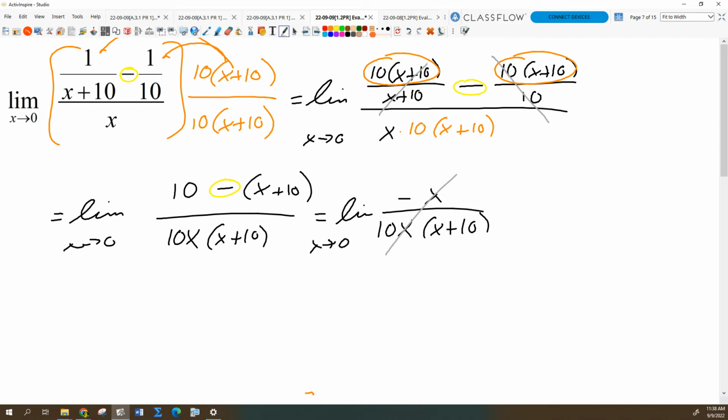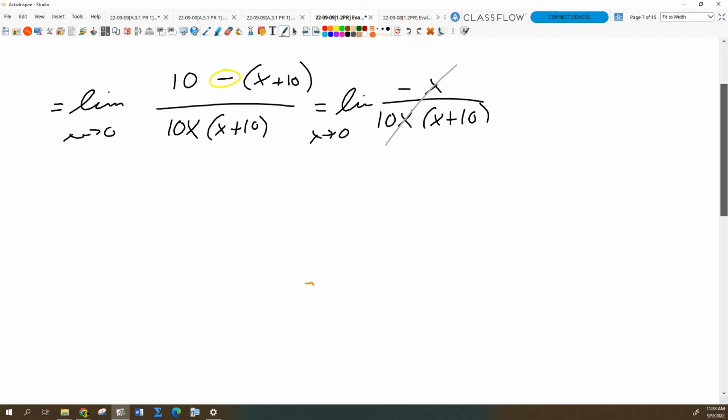Let me remind you here, because even in calculus, this is a common mistake. I can only cancel things vertically if they are like factors. I can't cancel things that are being added or subtracted, only things that are being exclusively multiplied by other factors, right? So what I mean by that is, I'm going to scroll down for just a second, take a little interlude. Like this I can do.